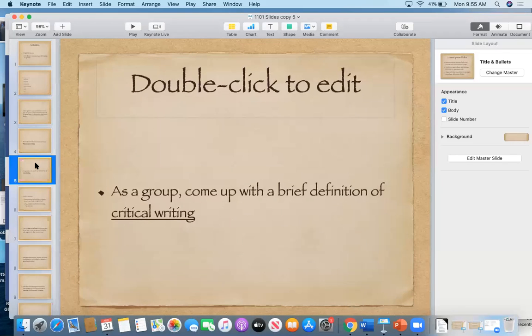In the last class, somebody just answered, well, criticizing. Well, that's true. But when you think of the term critical writing, don't just think about criticizing a thing or an author. But yeah, as Valerie says, getting deeper into the topic and things like that.